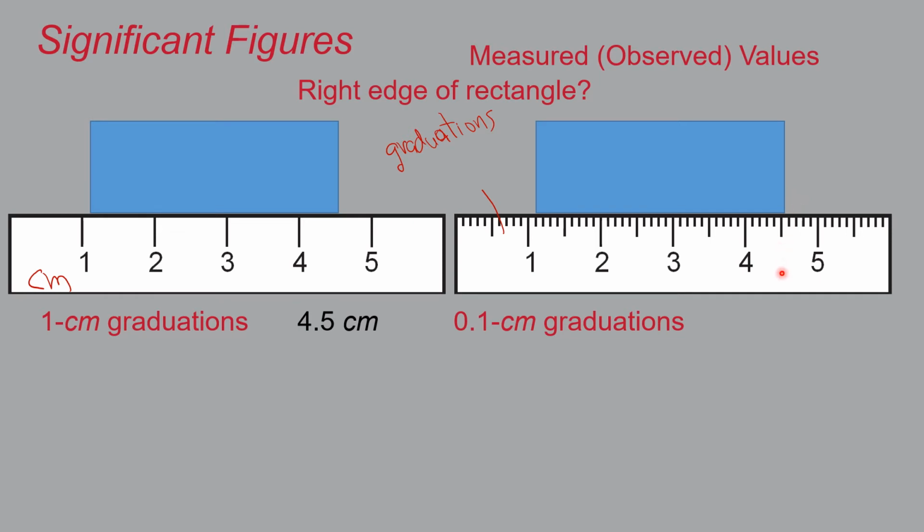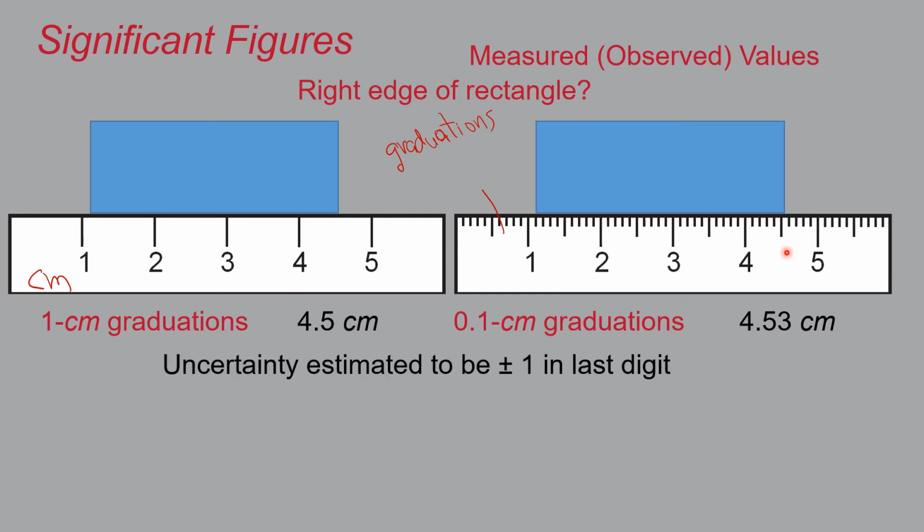So what would you write down as the position of the right edge of that rectangle if you use this? Hopefully, you would give me something like 4.53. It's a little past the 4.5 mark, but not halfway. So you could say 4.52, you could say 4.54, you would be all right. But the idea is that these lines actually allowed you to estimate more.